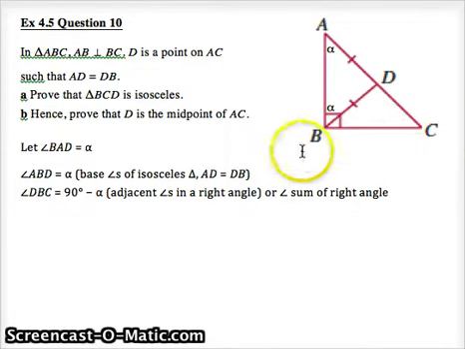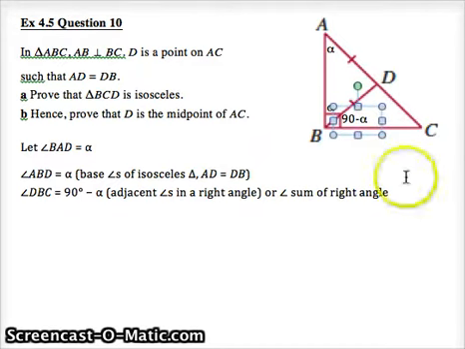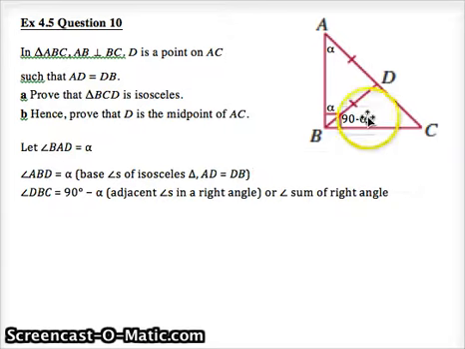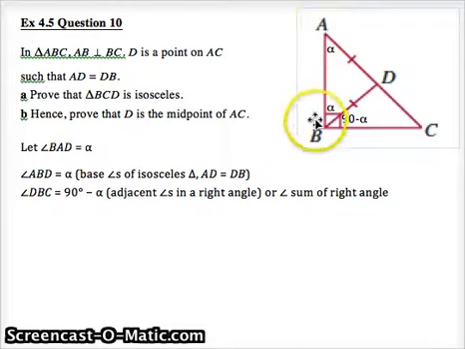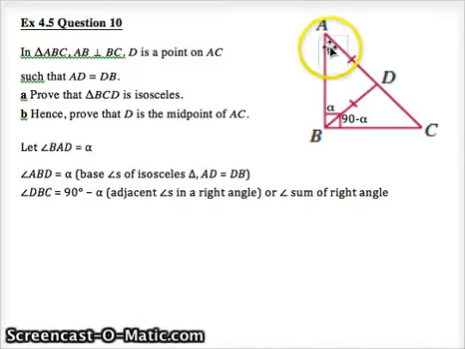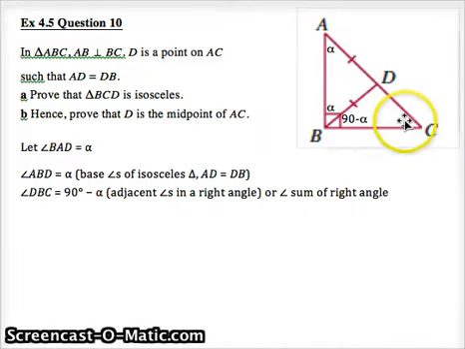Okay. So we know that that angle there is 90 minus alpha, so we really should put that into our diagram. Ideally we'd like to show that another angle is also 90 minus alpha. If we look in the big triangle now, triangle ABC, we have a right angle here, so that means the angle at A and the angle at C have to both add up to 90 as well, because 90 and 90 is 180.